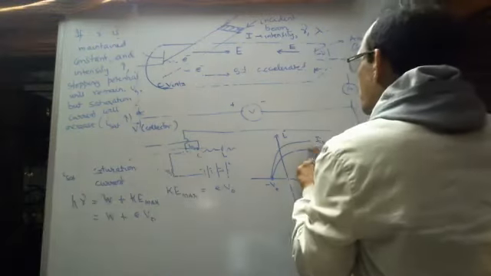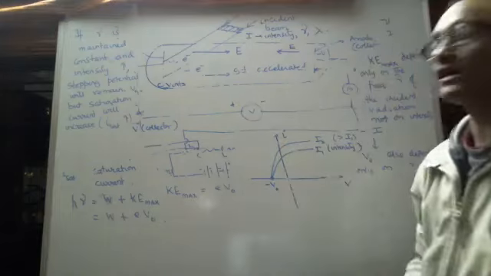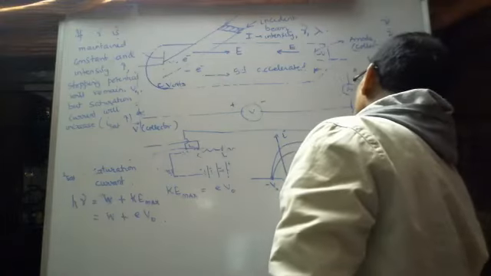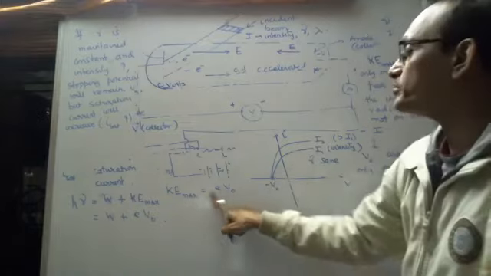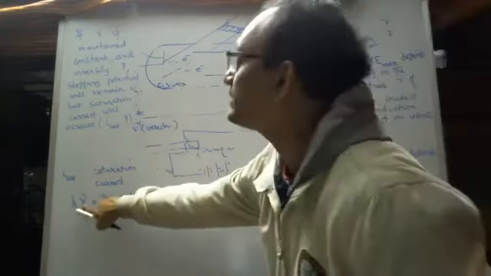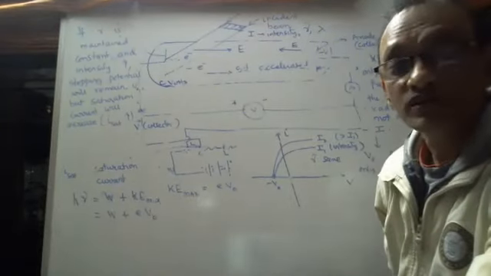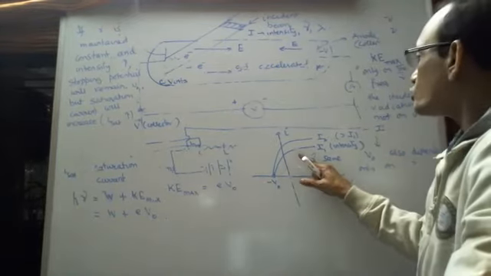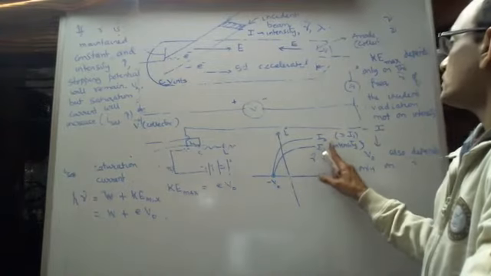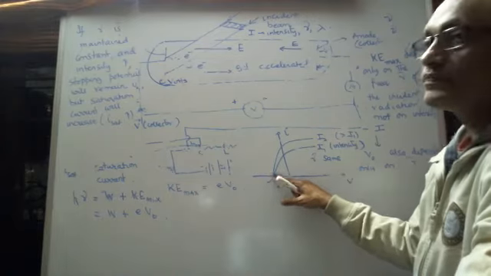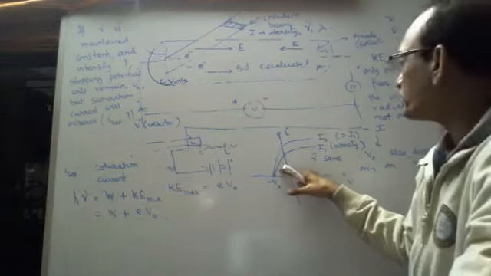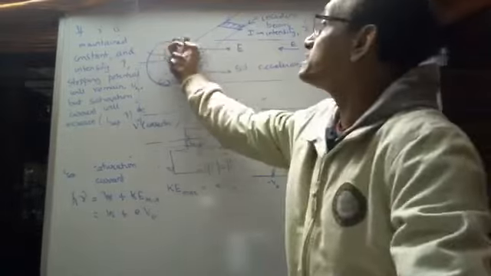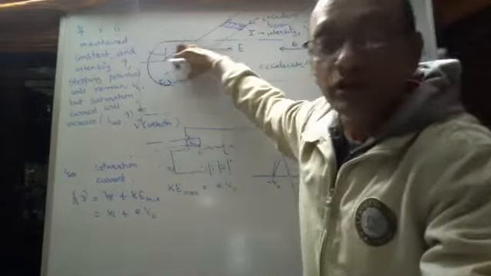Look, the saturation current of this one is this, and at higher intensity the saturation current will be more. But since the frequency of both is the same, the stopping potential will remain the same, because stopping potential depends on the maximum kinetic energy of photoelectrons, which only depends on the frequency of the incident wave. Yes or no? So this is another characteristic you must know. On increasing intensity, maintaining the same frequency, I have the same stopping potential, but higher and higher saturation currents, because there is greater availability of photons and greater availability of photoelectrons.